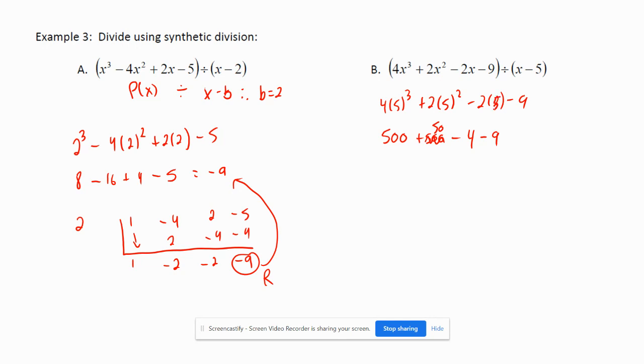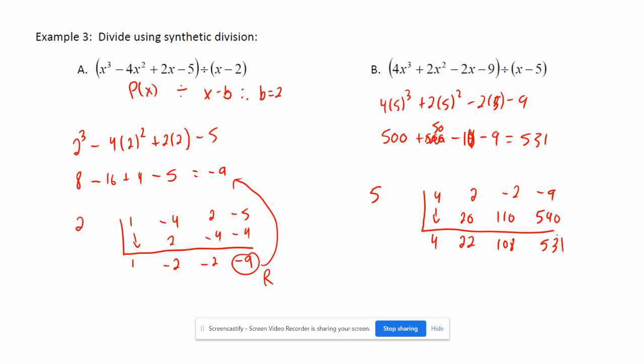Sorry, my mistake here, guys. This is 2 times 5, this is minus 10, minus 9. So we get 500 plus 50 is 550, minus 10 is 540, minus 9 is 531. When we did our synthetic division, this 531 was our remainder, which matches up with this number over here.